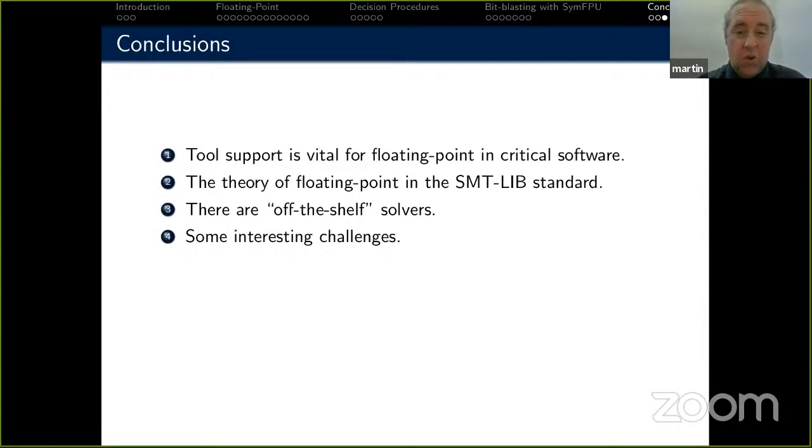Just basic, is your solver giving the right answers? That's part of that correctness process I was talking about, and those have been incredibly useful. There are a number of solvers off the shelf. If you want to build bit blasting solvers to do float, again, that's now a component off the shelf.